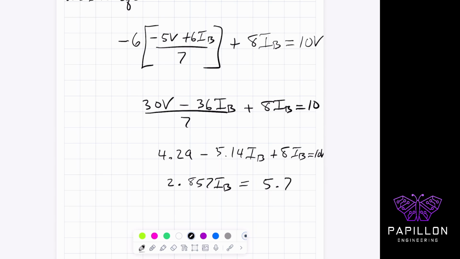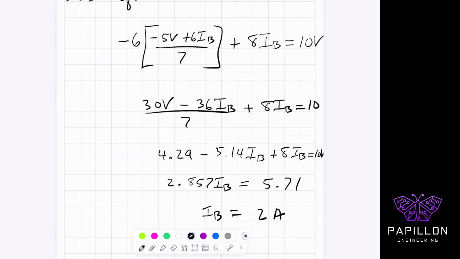This is what I got when I do the algebra. And now if I solve for IB, I get back 2 amps.